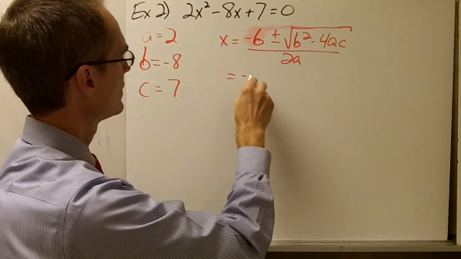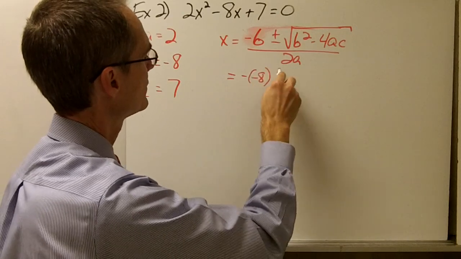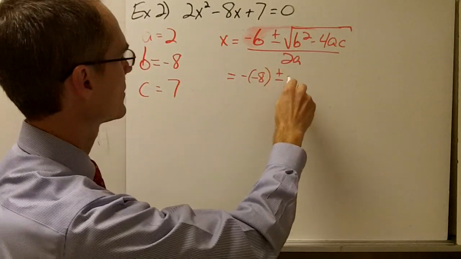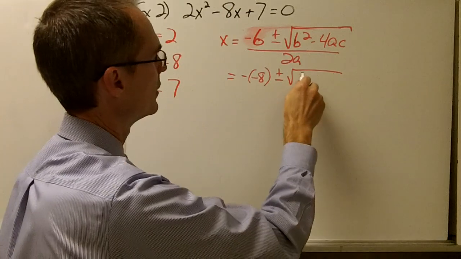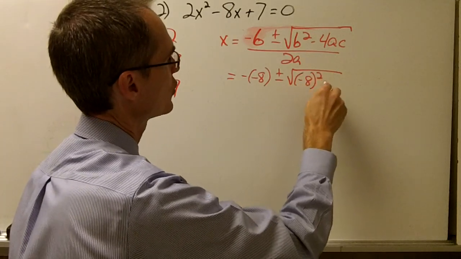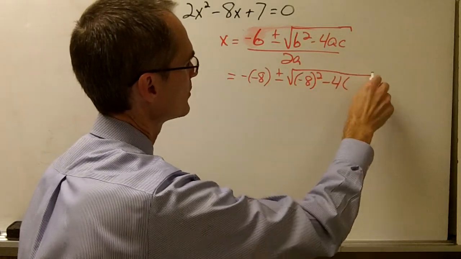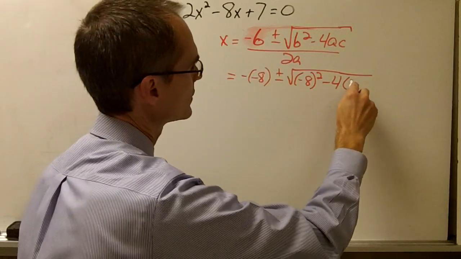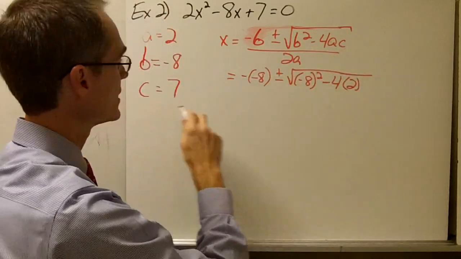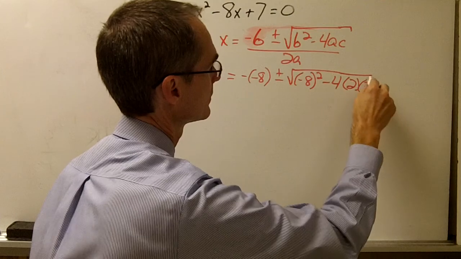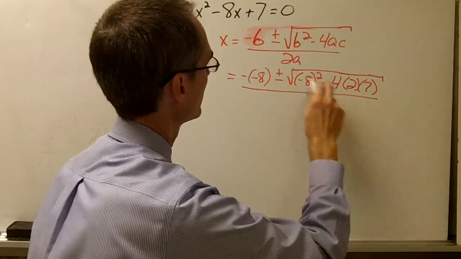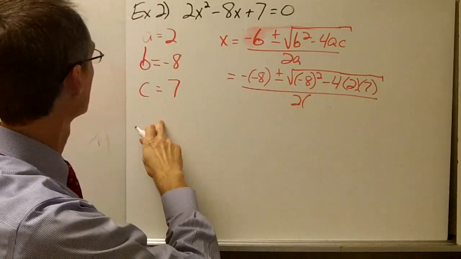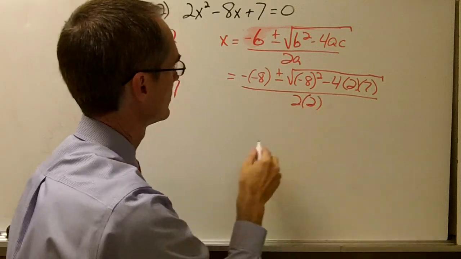Negative b is going to be negative 8 plus or minus square root of negative 8 squared minus 4 times a, which is 2, times c, which is 7, divided by 2 times a is 2.